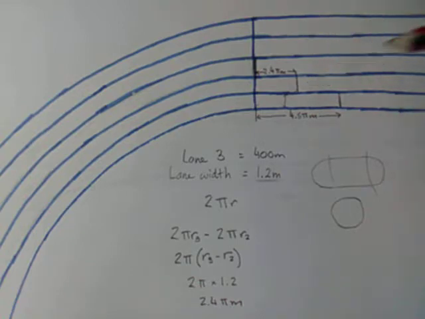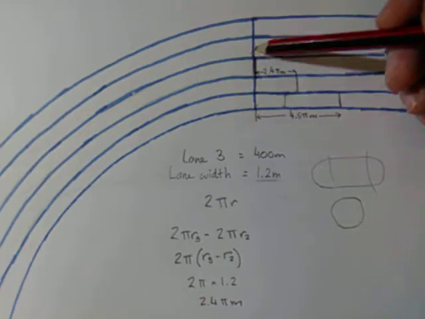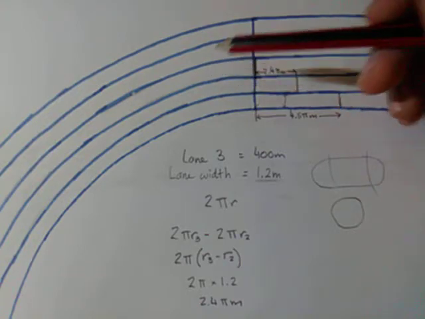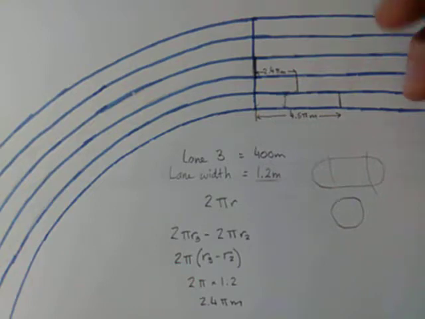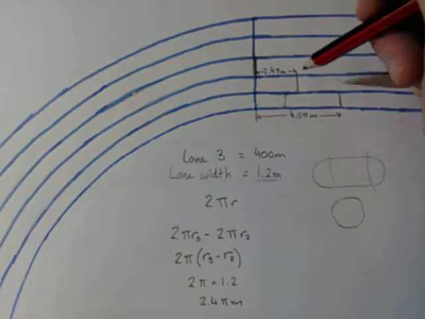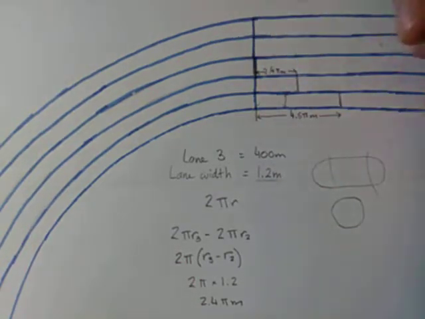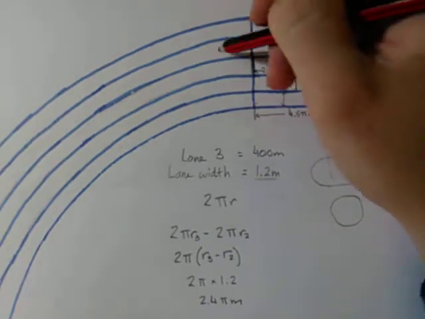But on the curve, it's very important that you always measure from the finish line. You don't measure from the last mark you made, because otherwise the curve is going to start playing up with your numbers and mess up all your measurements. This time you're going to go forwards 2.4 pi meters on the inside of this lane.